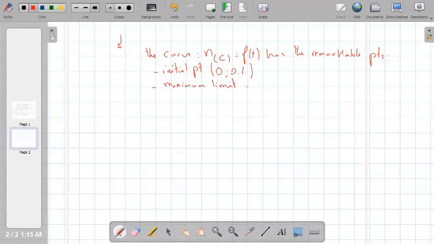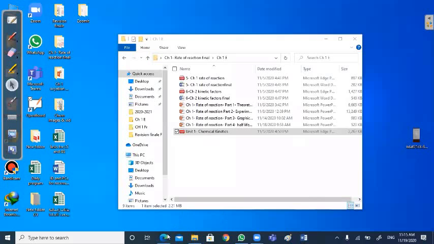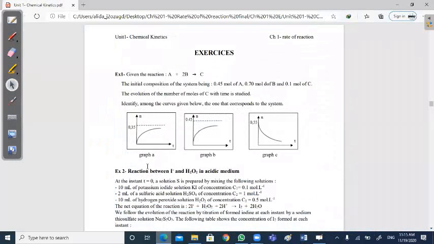The constant number of moles of C at infinity equals 0.45 mole. Now, which curve has this characteristic? It starts from 0.1 and has a maximum number of moles of 0.45. Graph B.